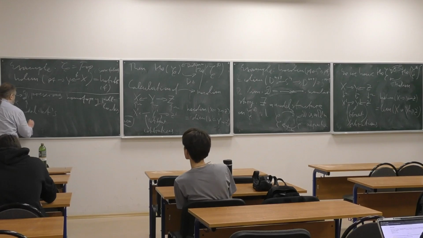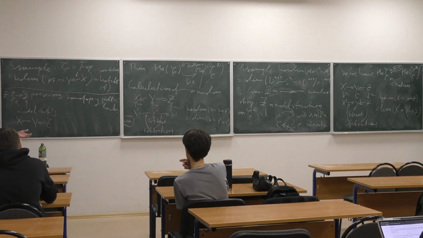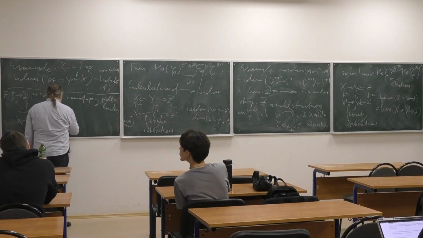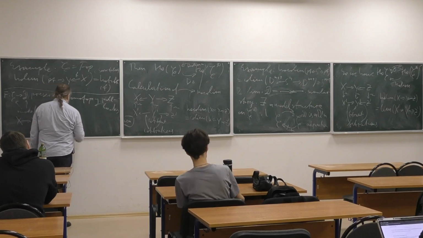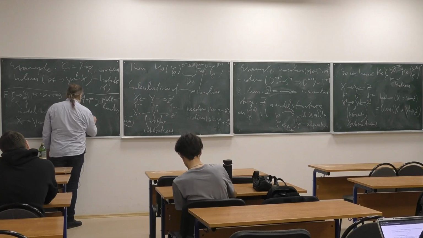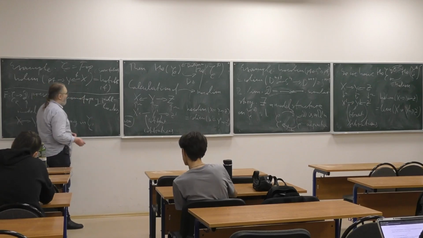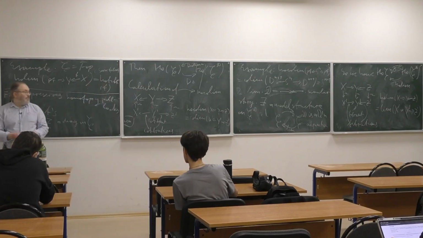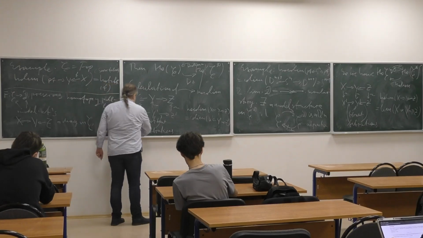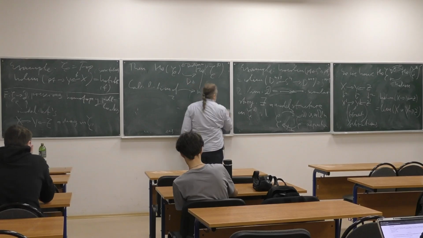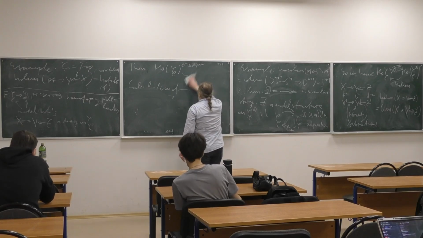Well, let's see. Firstly, I take a diagram of the pullback type. Then, using the recipe I just mentioned, I replace it with a better diagram.